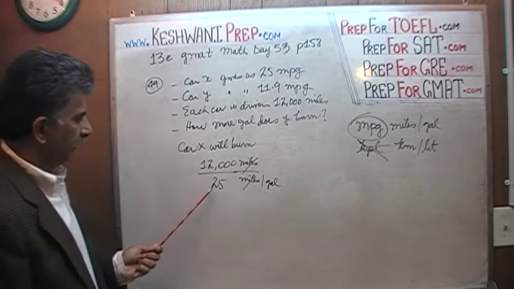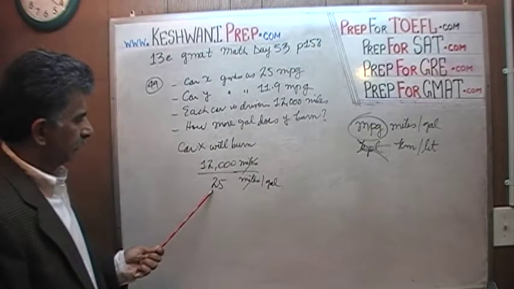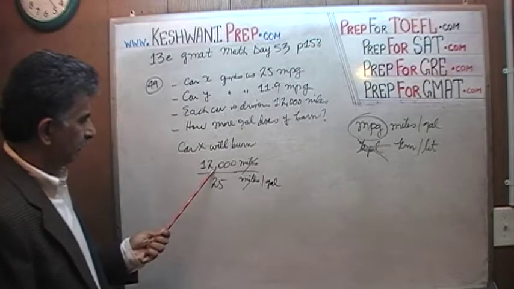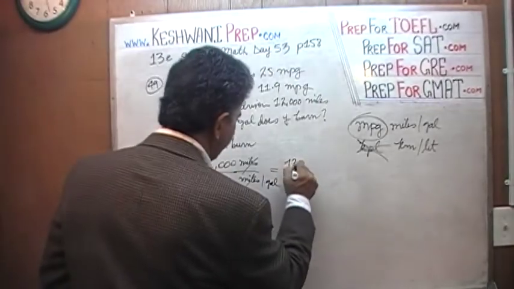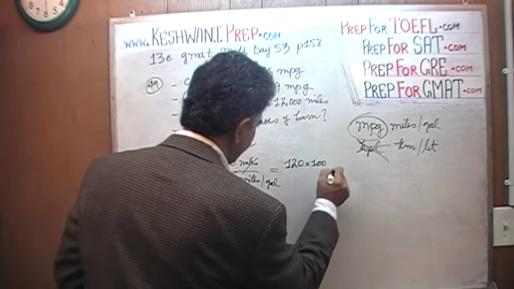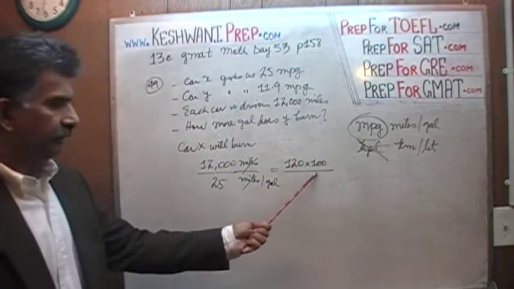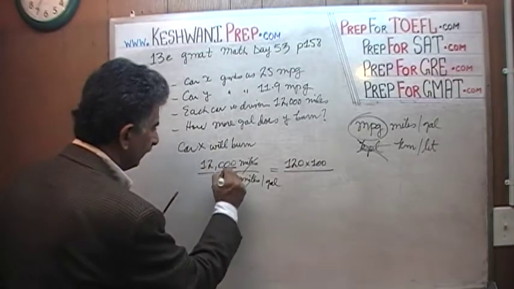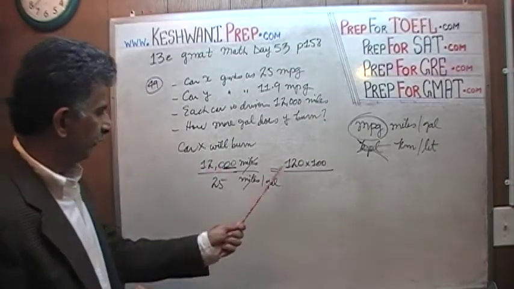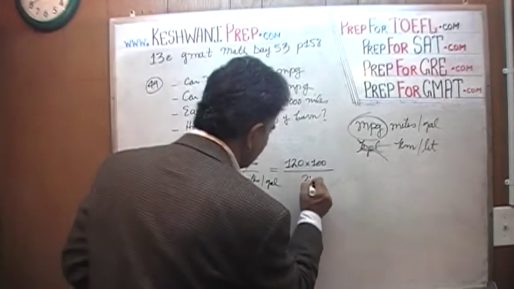So it's 12,000 divided by 25. I'm going to write 12,000 as 120 times 100, because if you take out these two zeros, that's your 100. So it's 120 times 100 over 25.